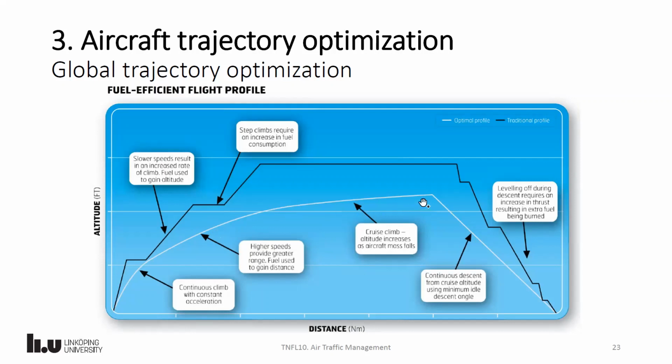And then we reach the top of descent, at which point we put the engines in an idle position with minimum fuel consumption, and we descend at idle descent angle. So this is what an optimal profile would look like. So the objective right now, as of today, is to complete the climb and descent using continuous climb operation and continuous descent operation.